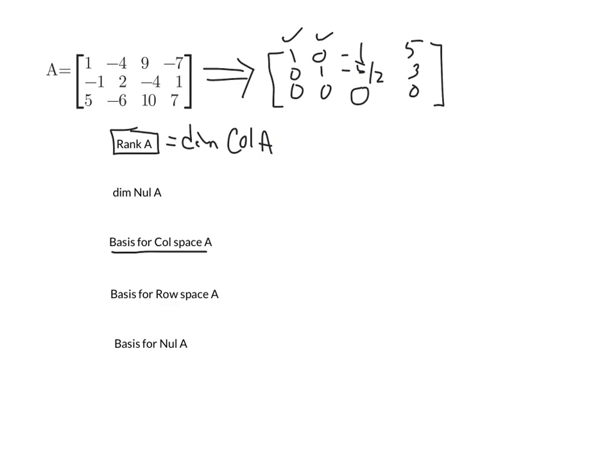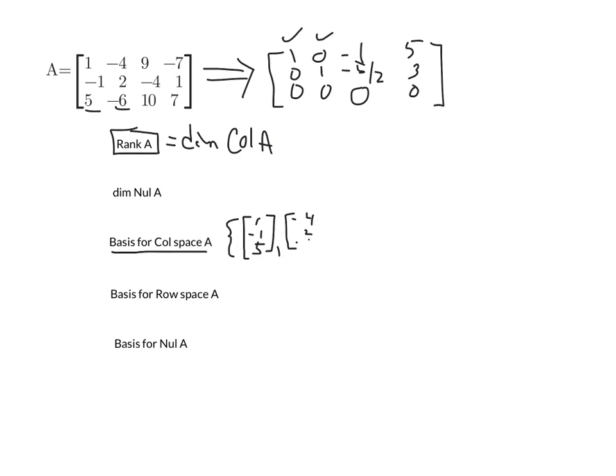If I jump back to A, that means my first 2 columns are 2 linearly independent vectors. That gives us a real easy way to find a basis for the column space. And the fact that there are 2 means that the rank of A, which again is the dimension of the column space, is going to be 2.